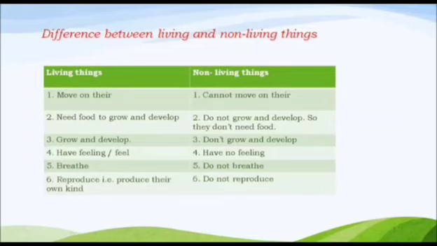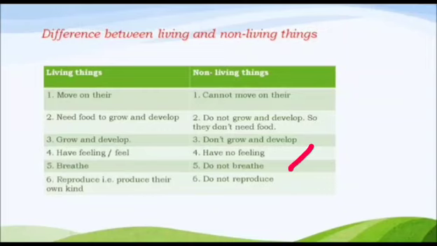The second one is that living things need food to grow and develop, and non-living things do not grow and develop, so they don't need food. The third one is that living things grow and develop, non-living things don't.